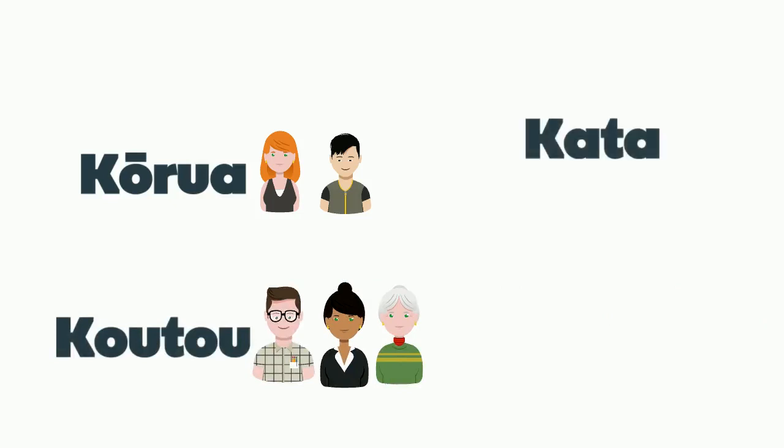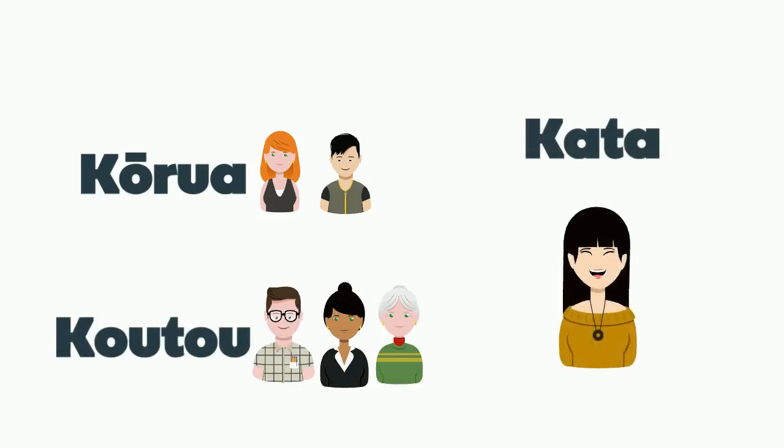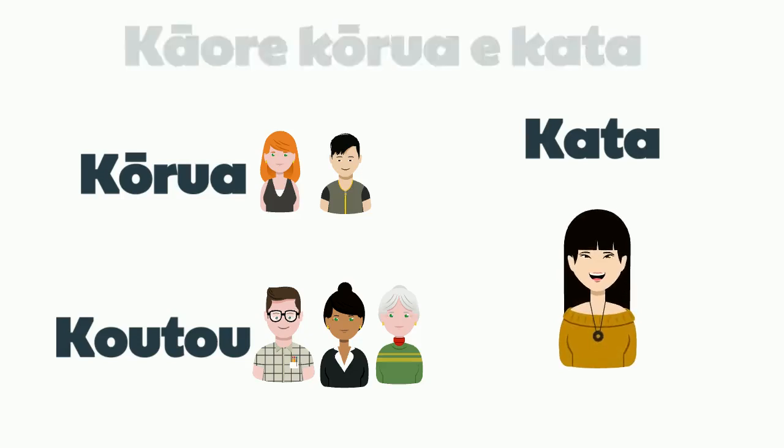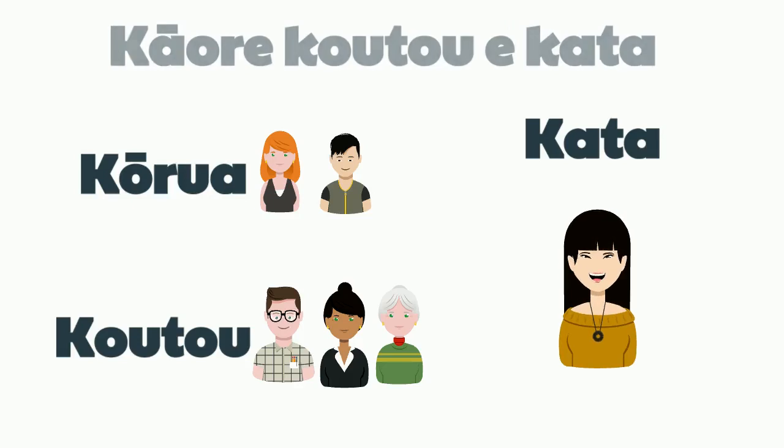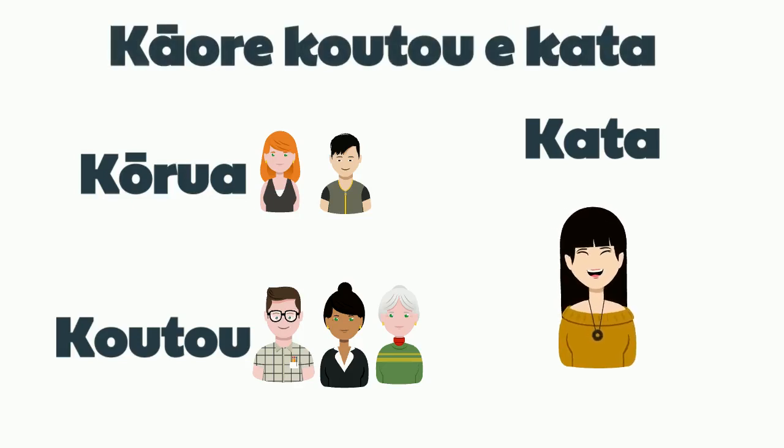Kata means laugh. Ka hore kōrua e kata. You two will not laugh. Ka hore koutou e kata. None of you will laugh.